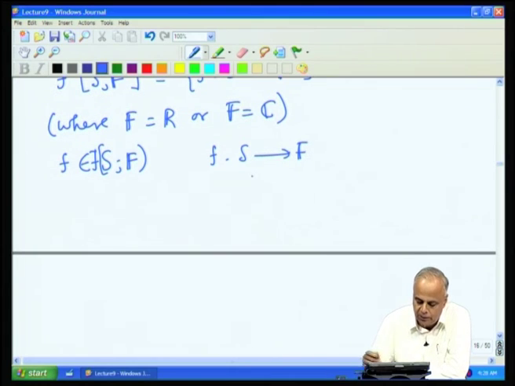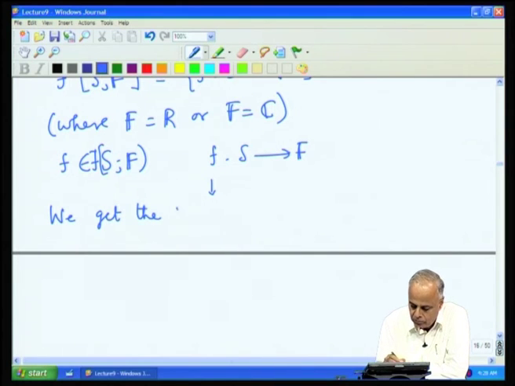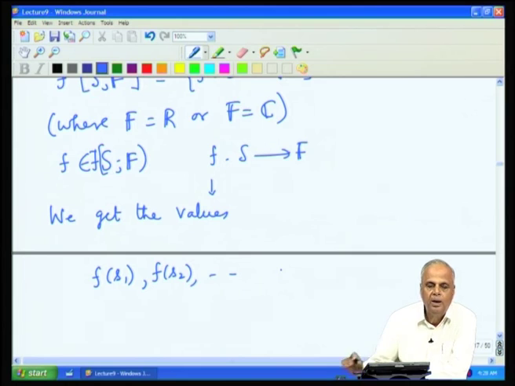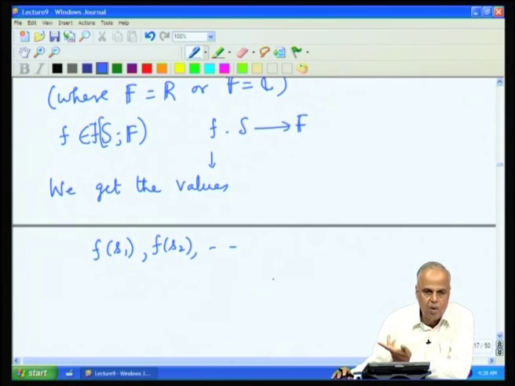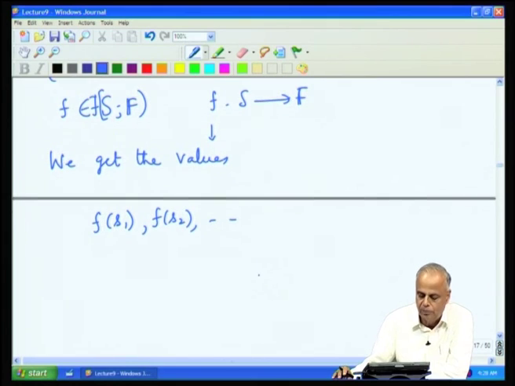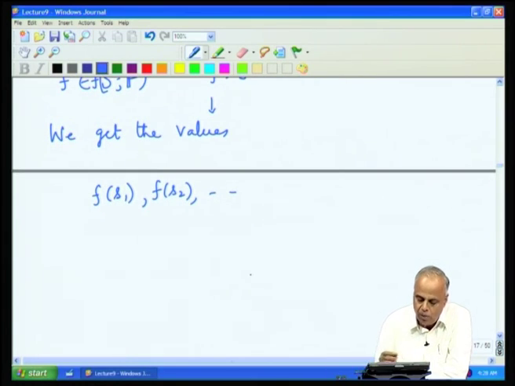Take any such function, corresponding to this we get the values f(s1), f(s2), etc., which is a sequence of real or complex numbers depending on whether we take F is equal to R or F is equal to C. Now, what we do is we look at the absolute values of this.